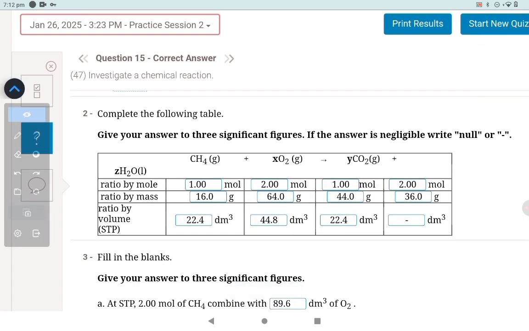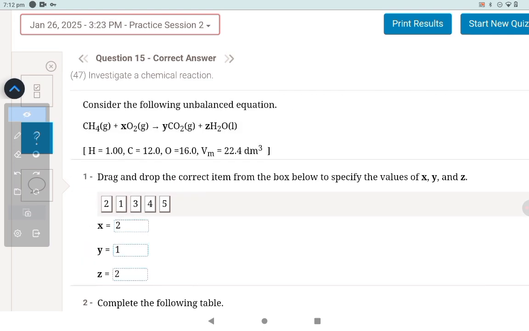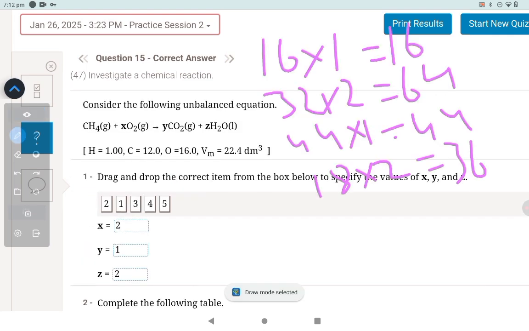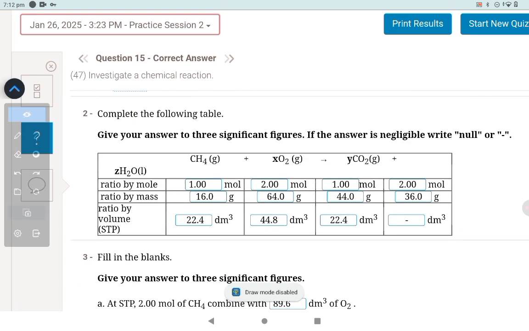Ratio by volume. Volume is just moles multiplied by the molar volume at STP, which is 22.4. So 1 times 22.4, 1 times 22.4, 2 times 22.4, basically the coefficient, the moles, multiplied by the volume.